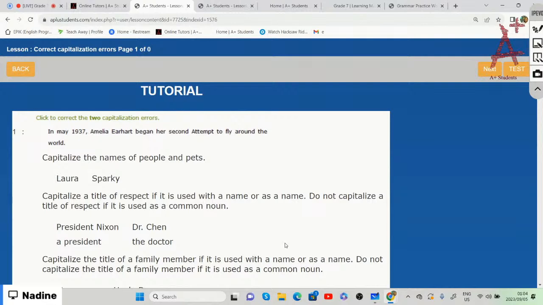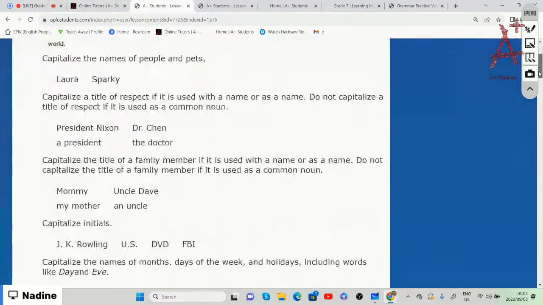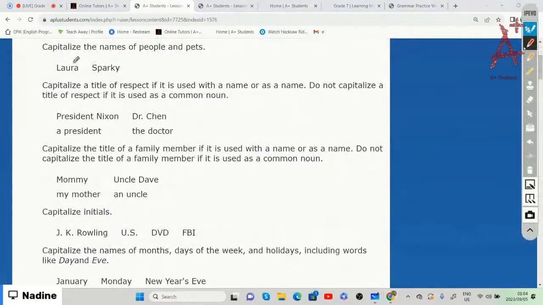So we capitalize the names of people as well as pets, right? And an example is Laura, and maybe your pet's name is Sparky, right? So we capitalize the names of people and the names of your pets.